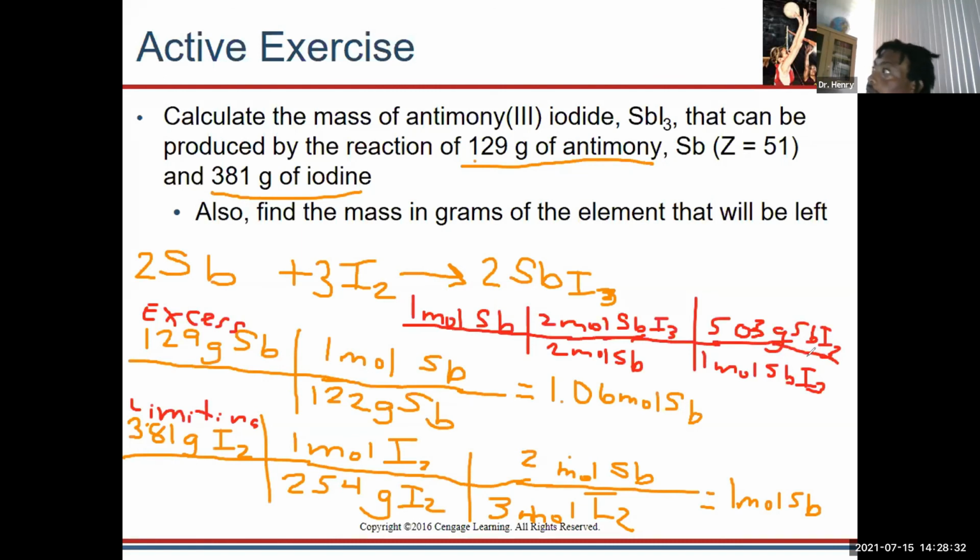So 503, because we have 1 times 2 divided by 2. So the answer is just going to be 503 grams of SbI3. I'm running out of room.